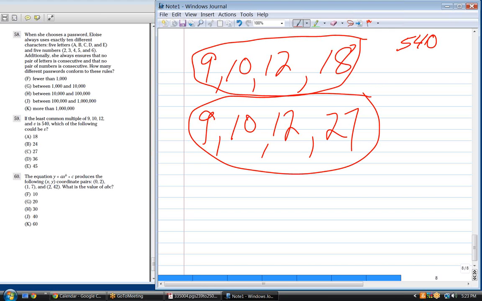Okay, what are you thinking? So I'm thinking the least common multiple of 9 and 10 is 90, I think. Yes. So the least common multiple, I'm leaving out 18 for now, of 9, 10, and 12 has to be a multiple of 90. Wouldn't it?